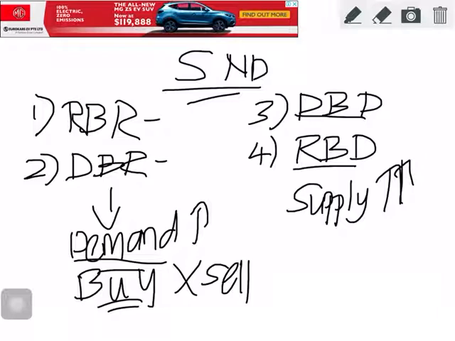There's a lot of items on hand, but nobody is willing to buy. So in this case we only look to sell, no buy. So these are the four basics of supply and demand. Just remember: rally base rally and drop base rally are demand; drop base drop and rally base drop are supply.